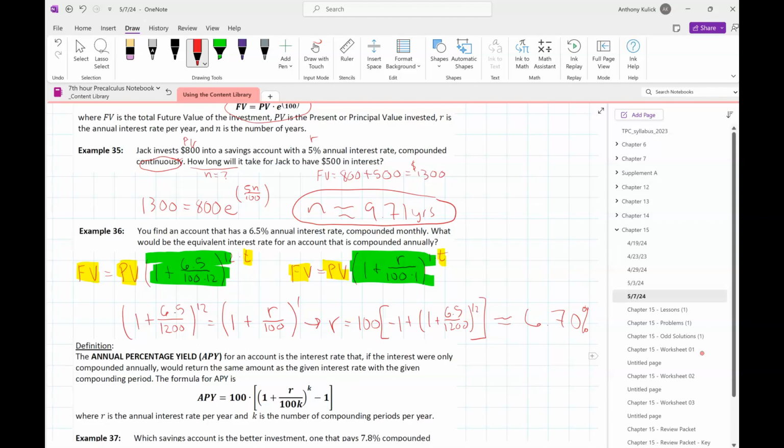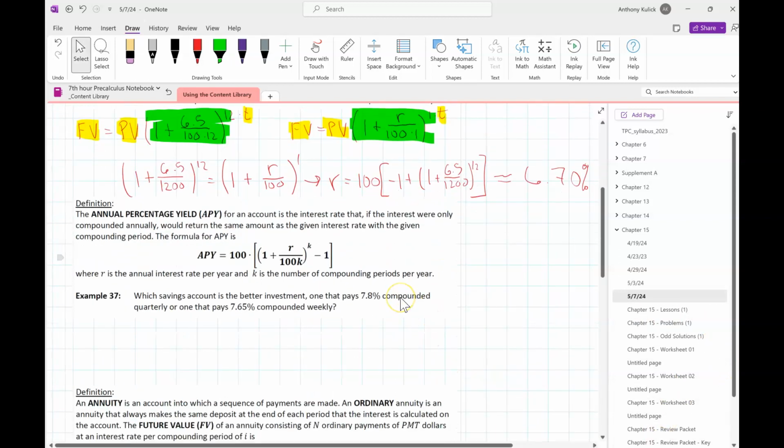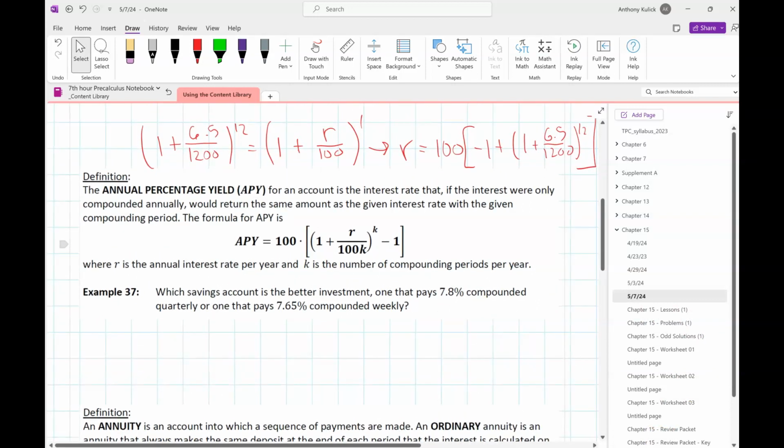So if you go loan shopping or investment shopping, oftentimes what you'll be presented with is your interest rate as an APY, which is just the equivalent annual interest rate. So if it's just compounded yearly, what is the equivalent interest rate?